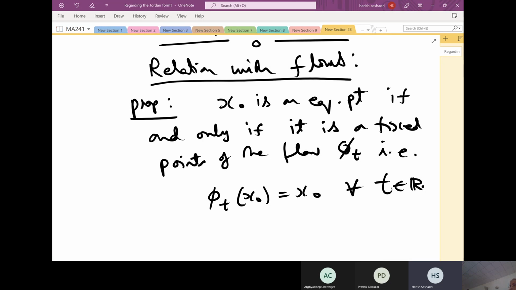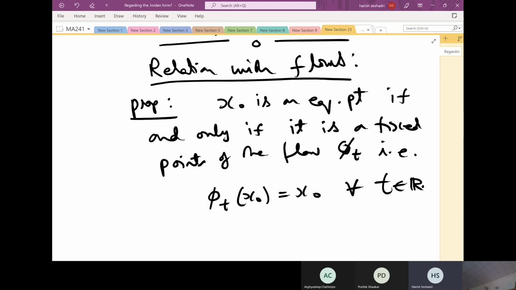Otherwise, as we saw, it becomes a bit messy. You can't quite work with the whole open set U. You have to pick out a subset of U cross R and so on to even define this phi t. So we'll assume that it's defined for all t.